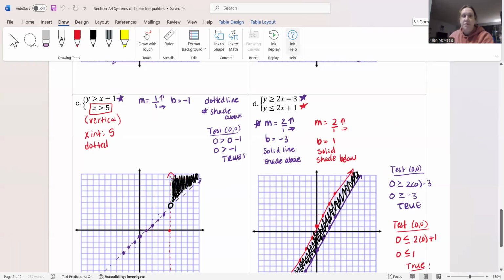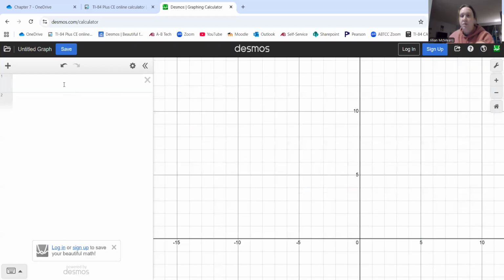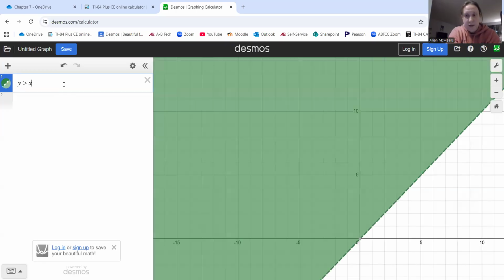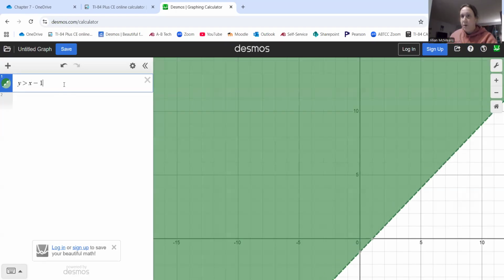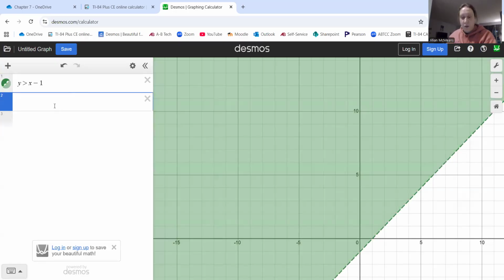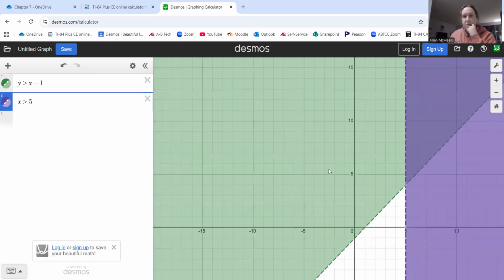So remember, in Desmos, you can just clear out the old inequalities or equations, or you can reload the whole thing. But here we had y is greater than x minus 1. So that was our first inequality. Okay. We have this positive slope, the dotted line, the shading above. For the second inequality, we just had x is greater than 5. Okay. So let me zoom out.